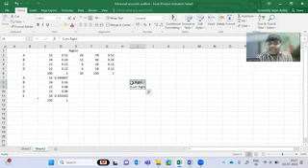Ex-right issue means, suppose X is a shareholder who purchases shares on 1/4/2024. On that day, the company says you don't have an option to purchase the right shares after 6 months. That means we are going to issue right shares after 6 months, but you don't have an option to exercise it.